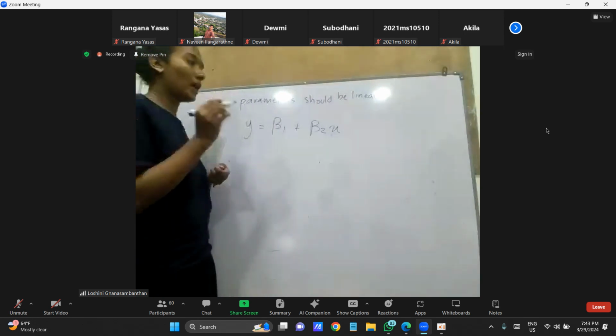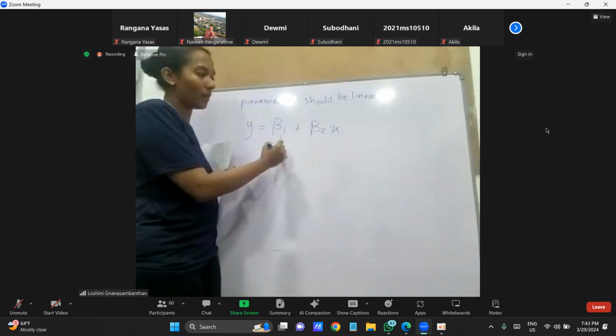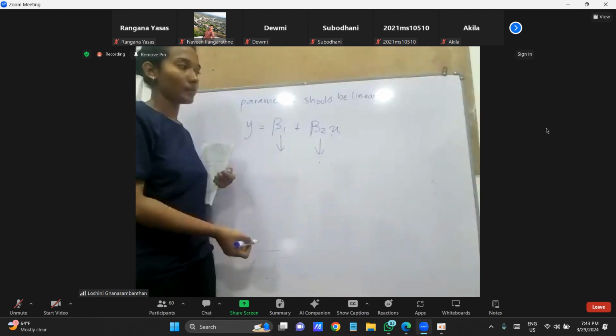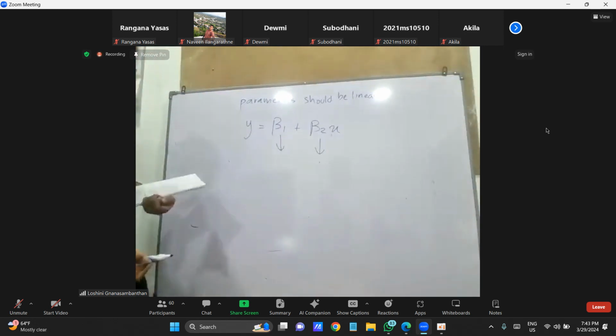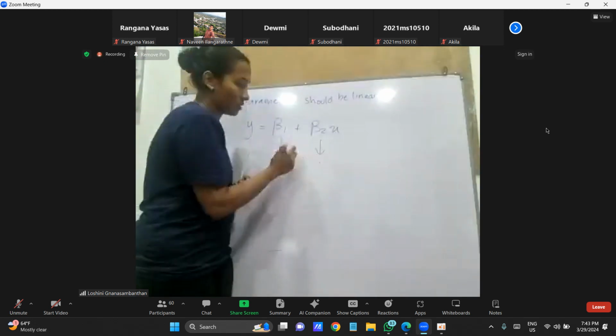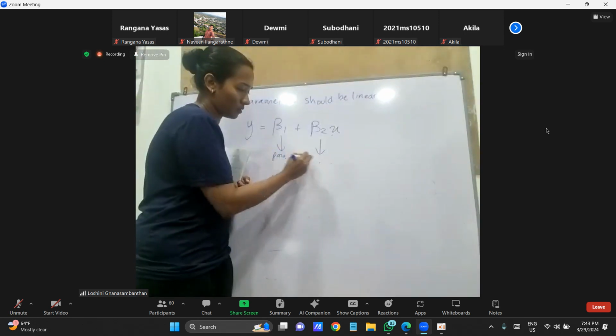Here the parameters are beta 1 and beta 2. The variable is x, and the parameters are the betas.